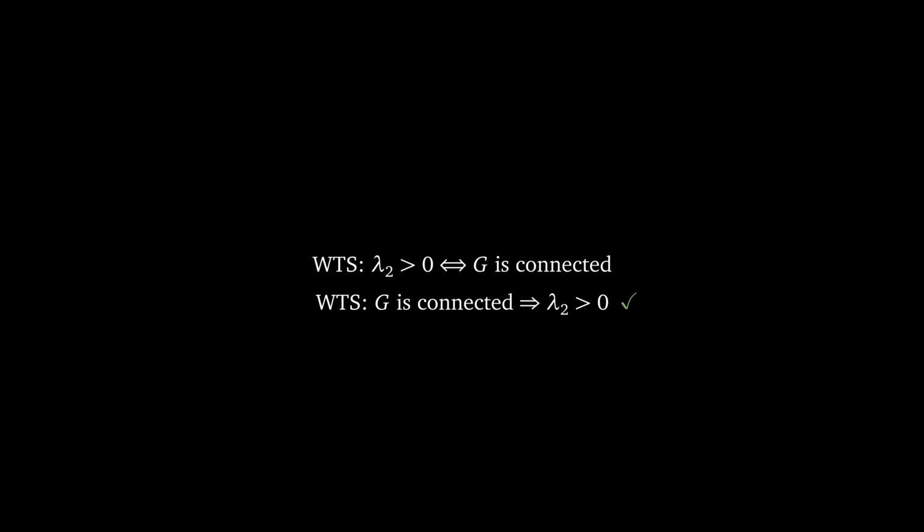We have just shown if G is connected, then lambda 2 is greater than 0. So we completed the backwards part of the proof and therefore proven the entire lemma.